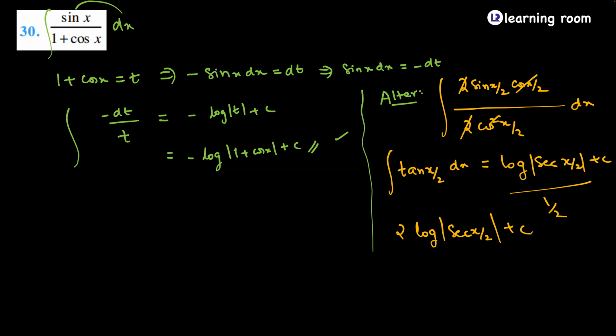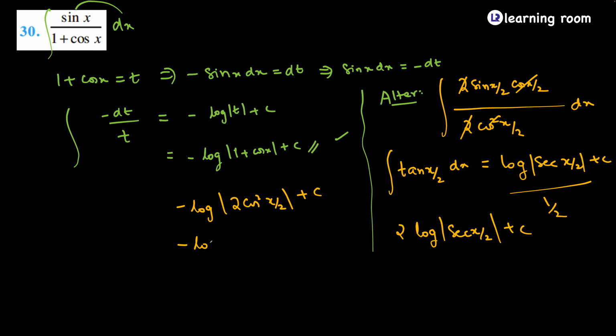Observe this. I leave it as it is. Okay. See, this answer we are done. I hope you are clear. No, I'm just manipulating this so that we'll get this answer. Observe, minus log of 1 plus cos x. What is the formula you told me? It is 2 cos square x by 2 plus c. Am I right? Listen.